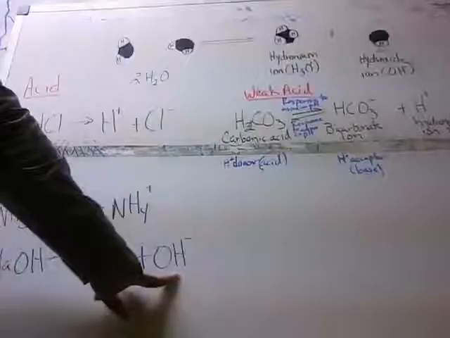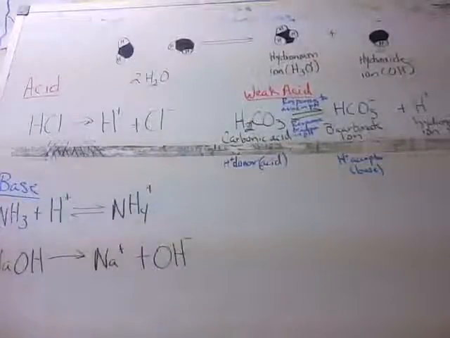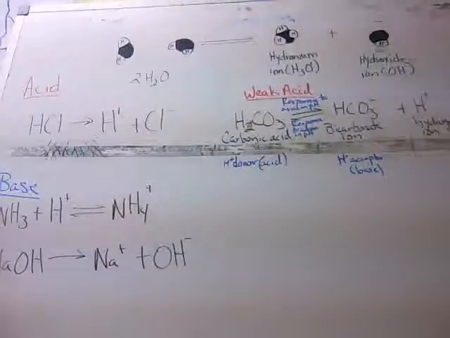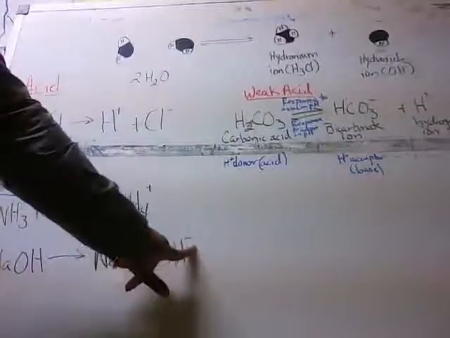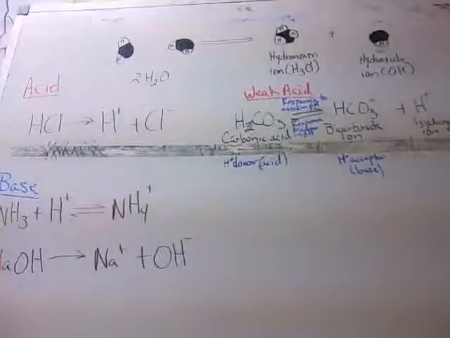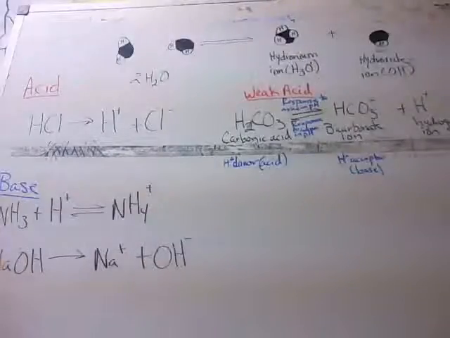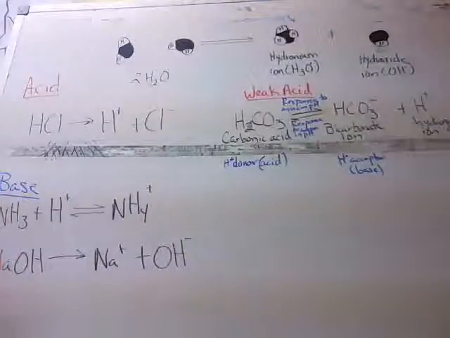This is a hydroxide ion, which has a charge of 1 negative, as we can see there. The proton binds to the other water molecule, making the molecule a hydronium ion, which we can see written here. Here we have the hydronium ion and also the hydroxide ion. It is right here also.